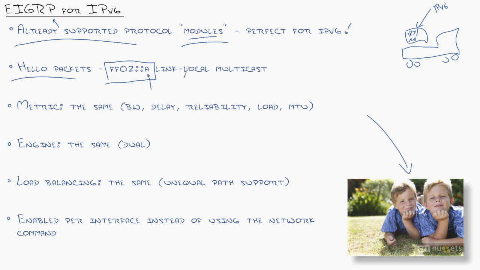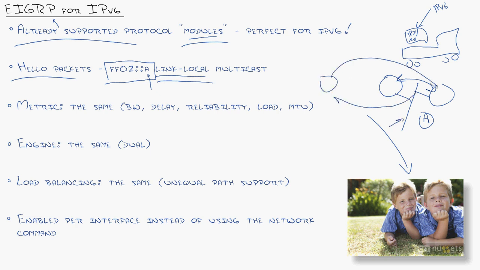So all the routers that are connected to that same network segment tune into this FF02::A address, and they can all hear each other's hello packets. Notice I said it's a link local multicast. That means local link. It's not going to bleed through and form neighbors beyond that connection. It stays on that connection only.